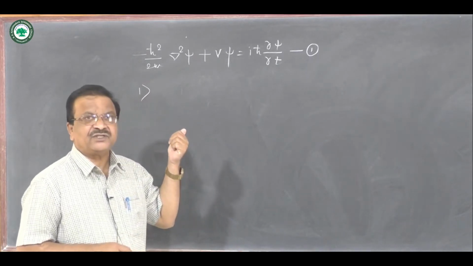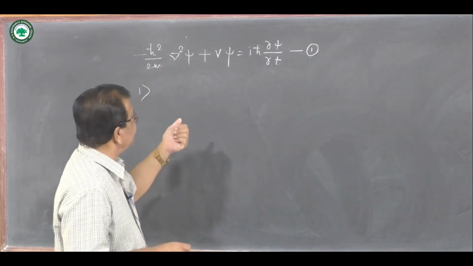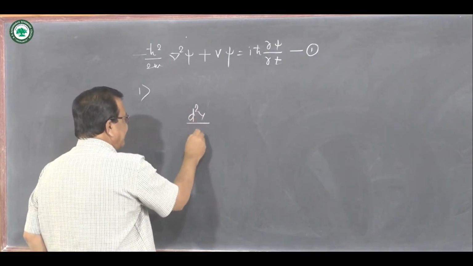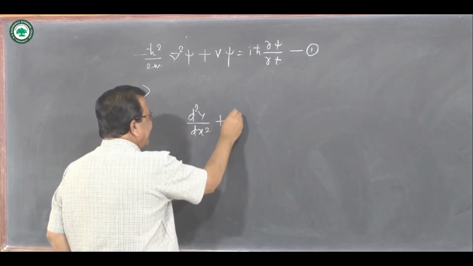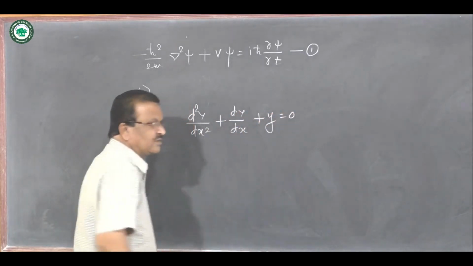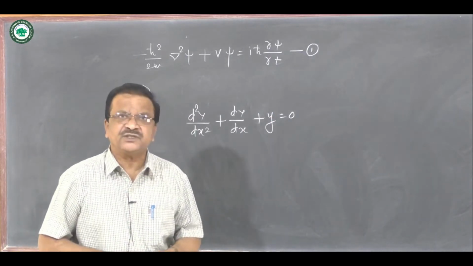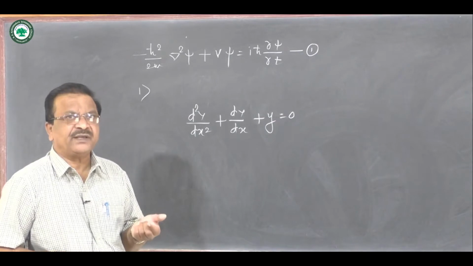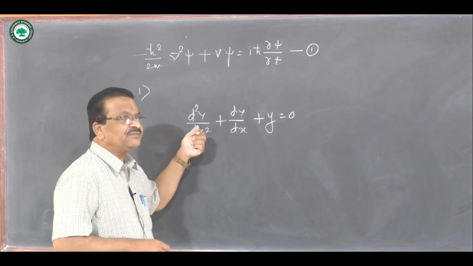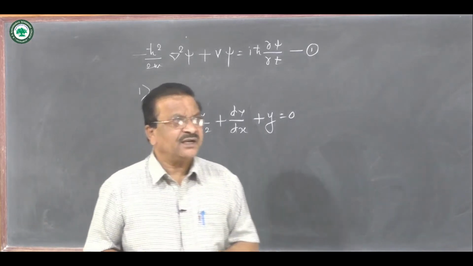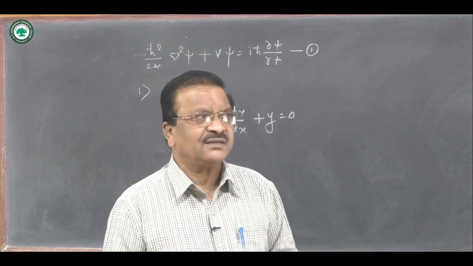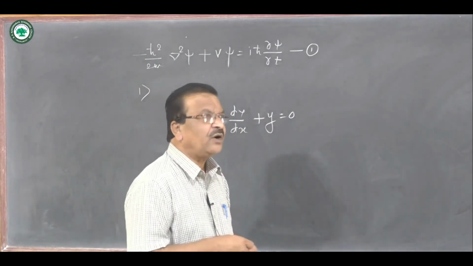It is a linear differential equation of the type d2y by dx square plus dy by dx plus y equal to 0. A linear differential equation is one in which the dependent variable, such as y in this case, and the independent variable appear in first order.